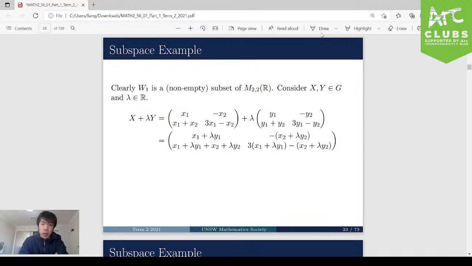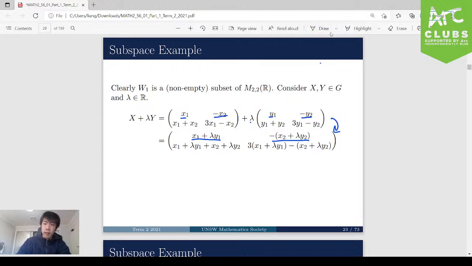Okay, so y1, negative y2, and so on. Just under normal matrix addition, you would end up with the next line here. So from here to here, you just take this plus lambda times y1, and then this plus lambda times negative y2, and so on, right?